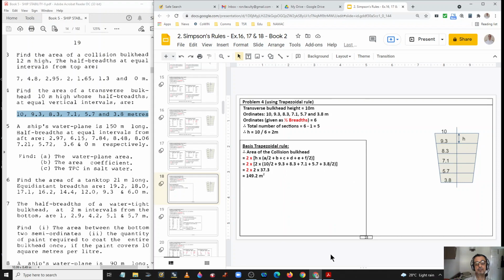And what if we use the trapezoidal rule? According to the trapezoidal rule, the area of the collision bulkhead would be, since we have half ordinates, we have to obviously multiply the final answer by 2. So I'm doing it here. H multiplied by half of A, the first ordinate, plus B plus C plus D plus E plus half of the last ordinate.